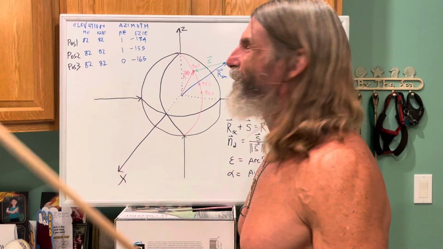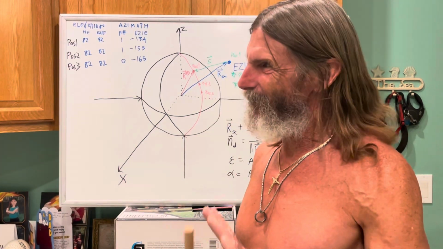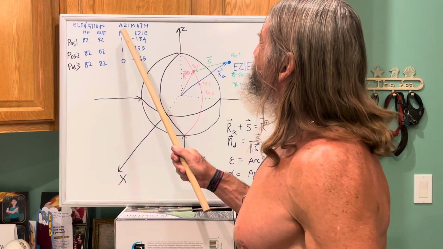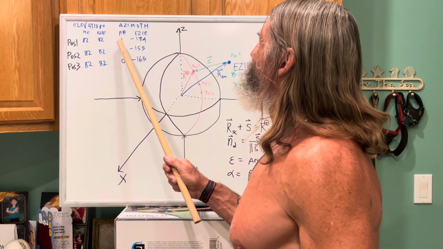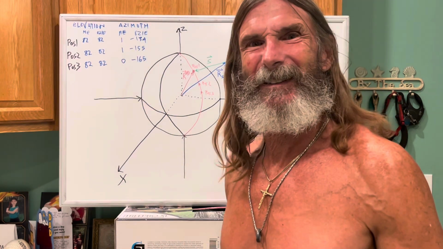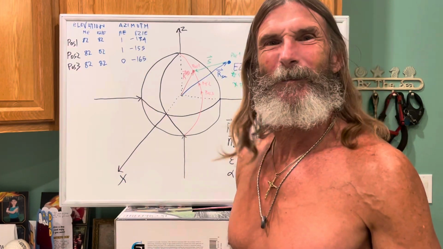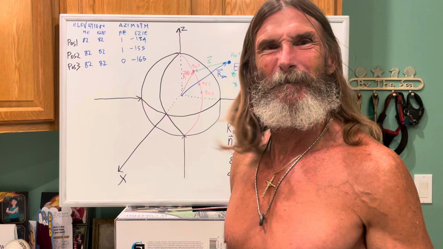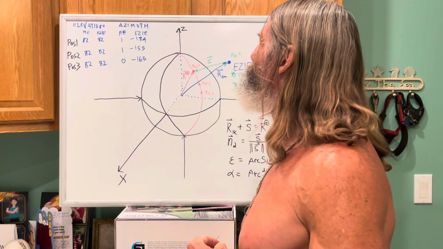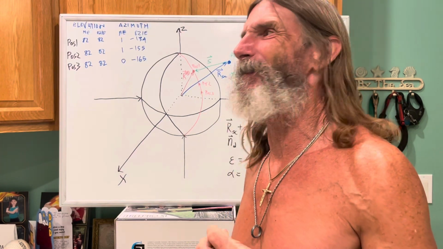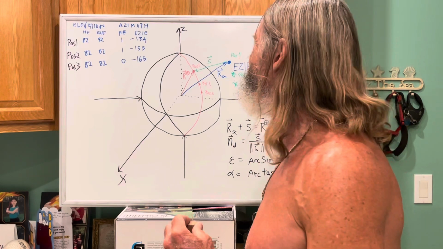Their calculation also gives 82 degrees, so we agree on that. My calculation of the azimuth angle is like 1 degree, 1 degree, 0 for these 3 positions. Theirs is minus 134 for position 1, minus 155 for position 2, and minus 165 degrees for position 3.